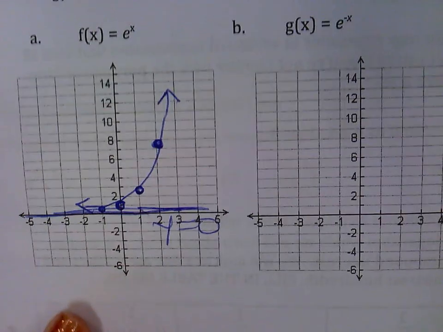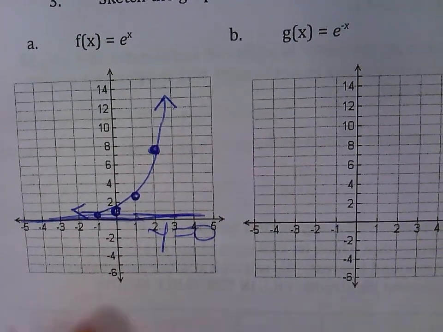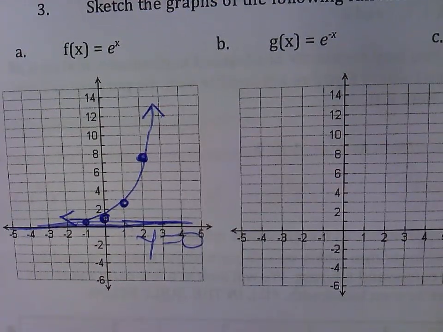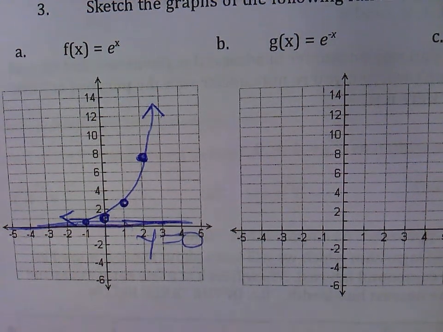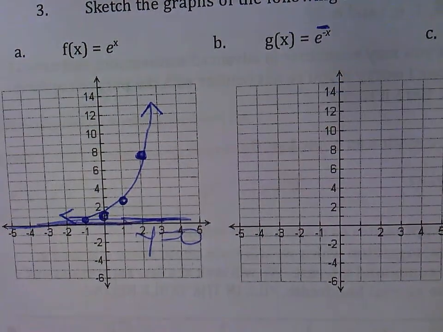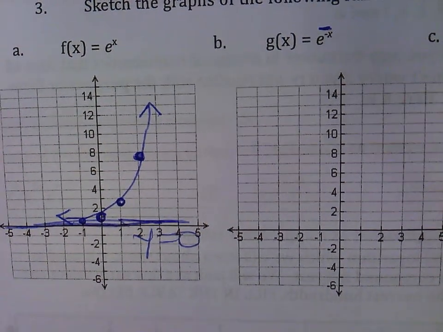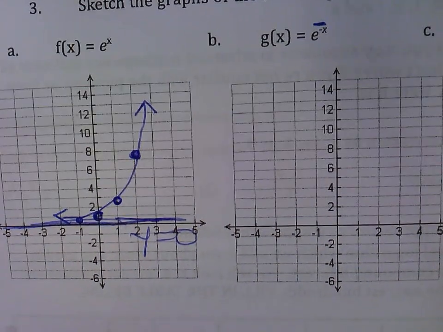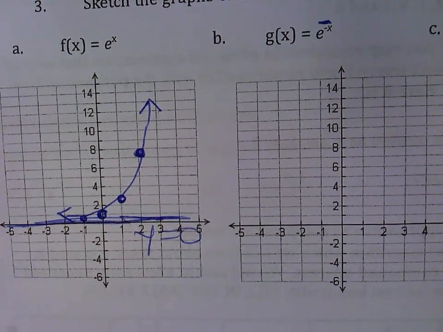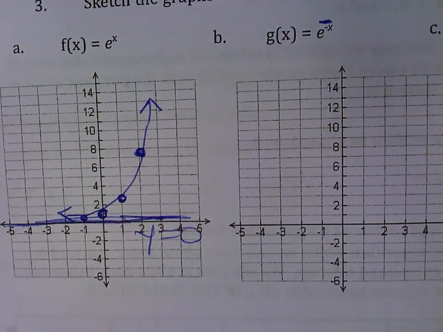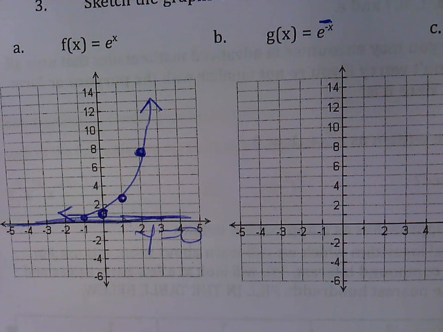What's the only difference between graph A and graph B? It's hard to see because my font is so little, but there is a minus sign, right, with the x. How does that flip my graph if it makes all the x values opposite? Yeah, so it's just going to take these points and move them over here. And it's going to take this point and move it over here.